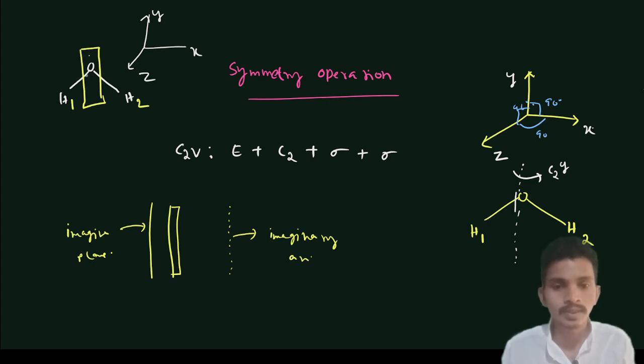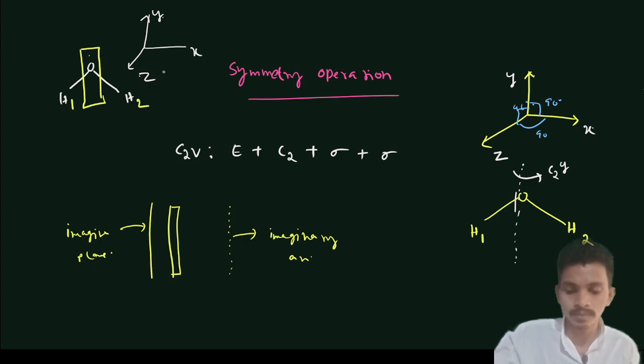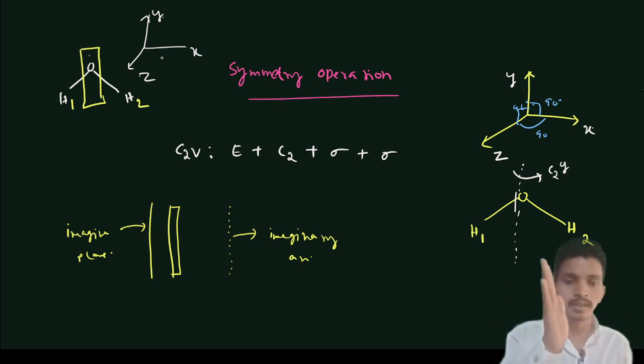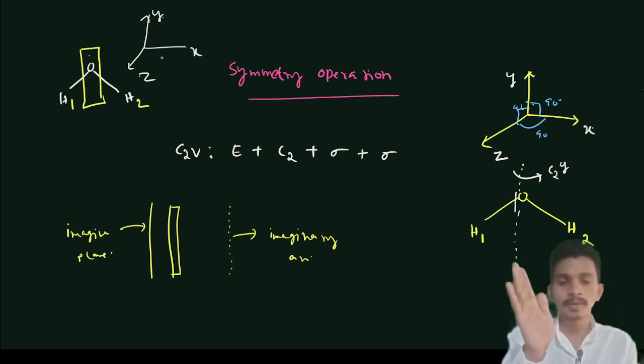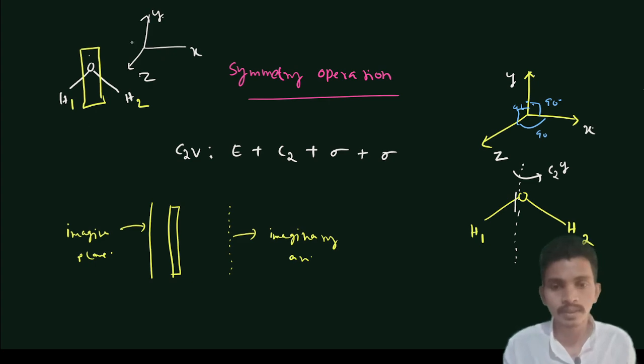So this plane is cutting through the y and z axes. Let's say this is water, so one y-axis is in this direction, the x-axis is like this and the z-axis is like this. So this plane is the y and z axes. So here I will say yz.